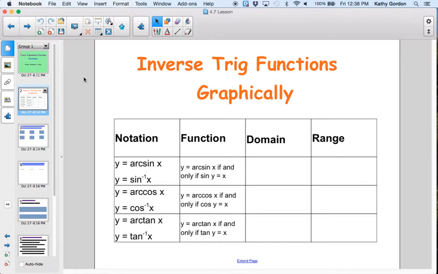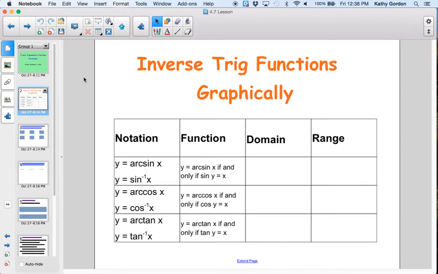This is the inverse sine, the inverse cosine, the inverse tangent. The other way of indicating the same thing is to put an ARC out in front of it. So arc sine, arc cosine, arc tangent. Those also all mean inverse functions.